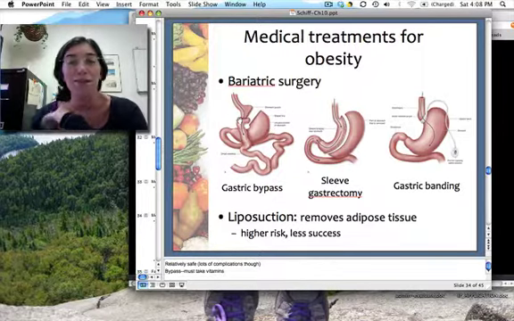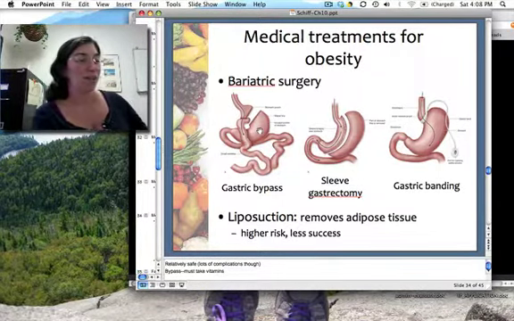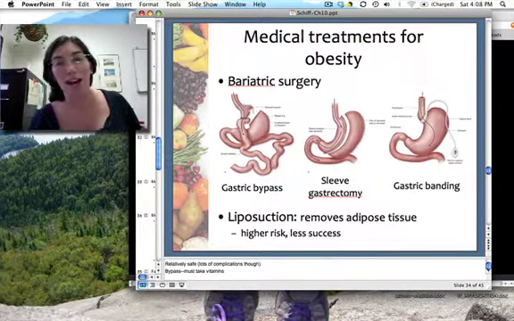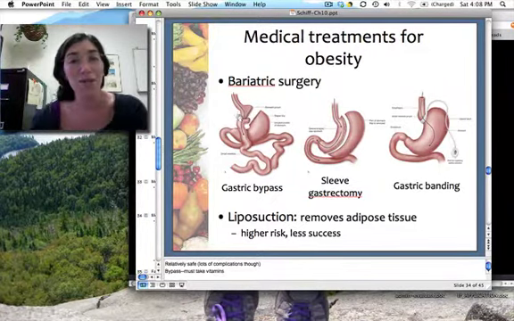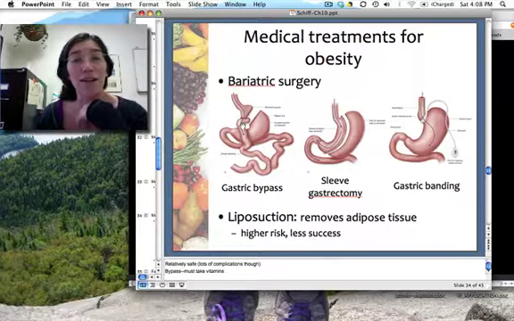It drastically reduces the size of your stomach. Your stomach goes from about 30 ounces to 1.5 ounces or something like that. It's very, very small, so it makes you feel full because it fills very quickly. You can't eat a lot at a time.